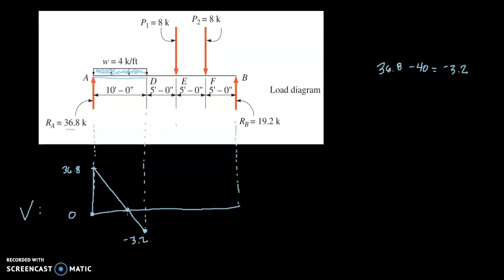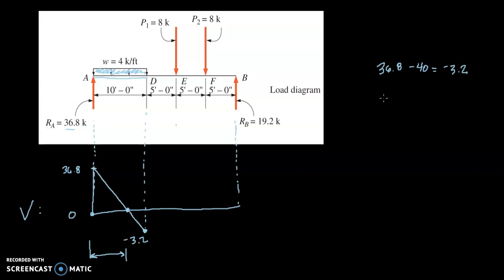Now I'm going to want to know how far over I was when I crossed that 0 axis. What is this distance? That's going to be important to know when making the moment diagram.